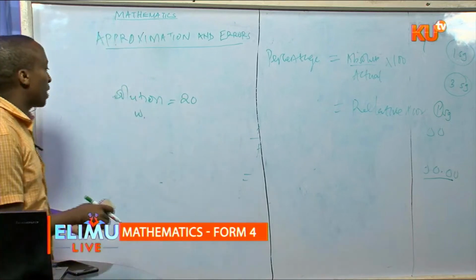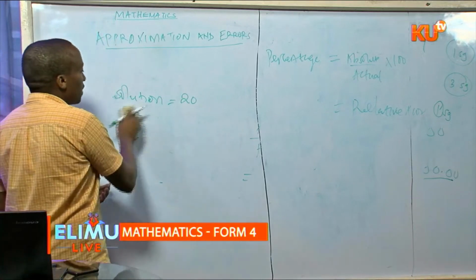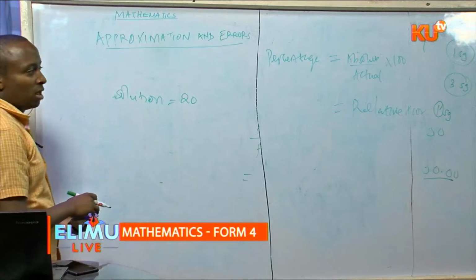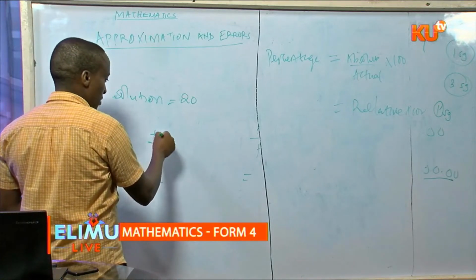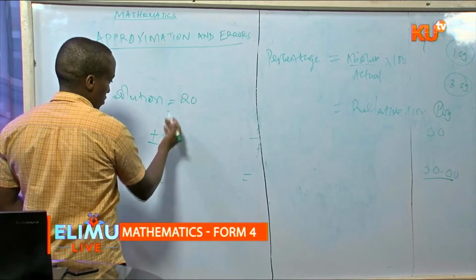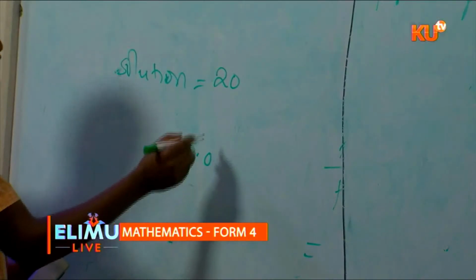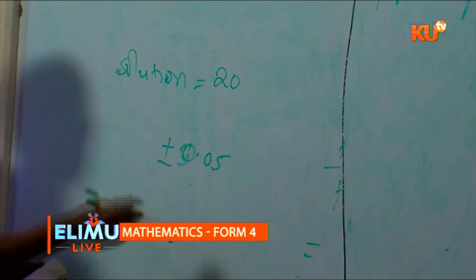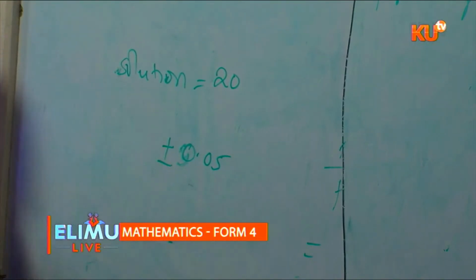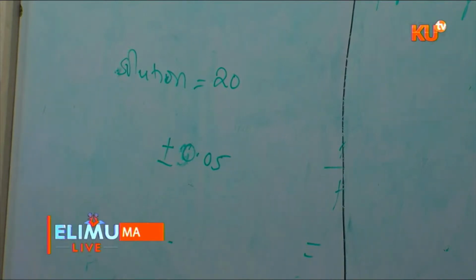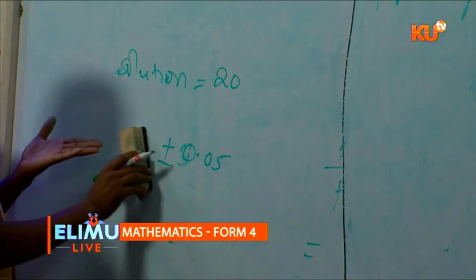That is why for the practicals we don't have the actual answers. The answers are always an error, maybe plus or minus. We don't have actual answers when it comes to practicals, because the error of uncertainties, which is absolute error, must always be committed.